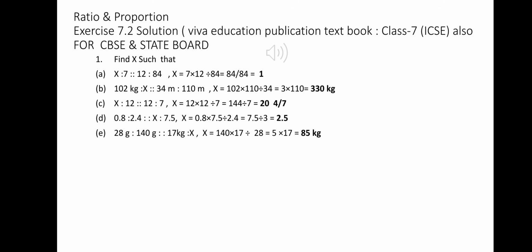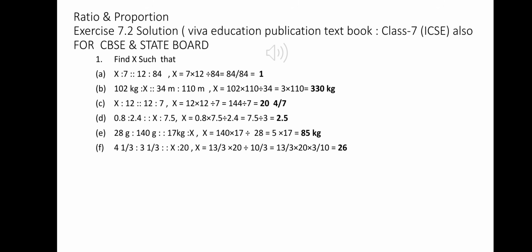E question, 28 gram is to 140 gram is to 17 kg is to x. So x is equal to 140 into 17 divided by 28, which is nothing but 5 into 17, that is 85 kg. F question, 4 1 upon 3 is to 3 1 upon 3 is to x is to 20. So x is equal to 4 1 upon 3, which is 13 upon 3, into 20, the extreme term, divided by the middle term, 3 1 upon 3, which is 10 upon 3.